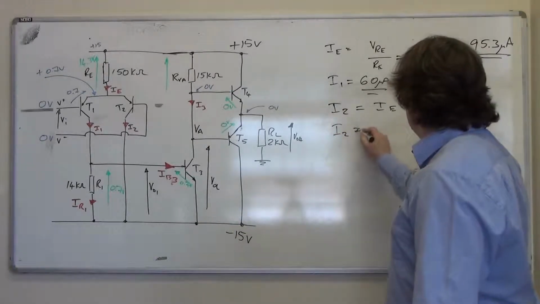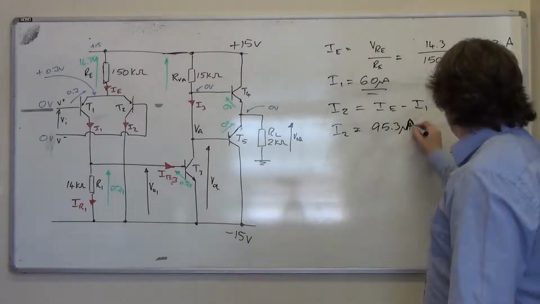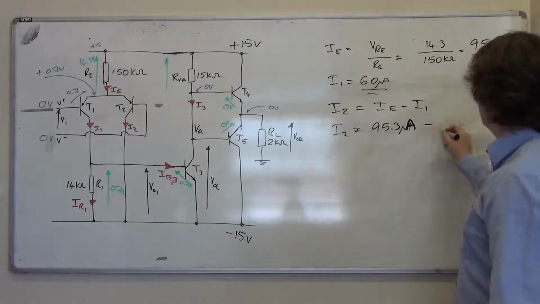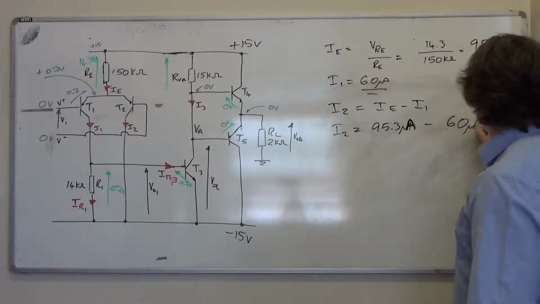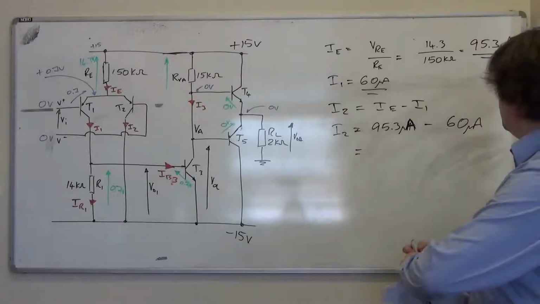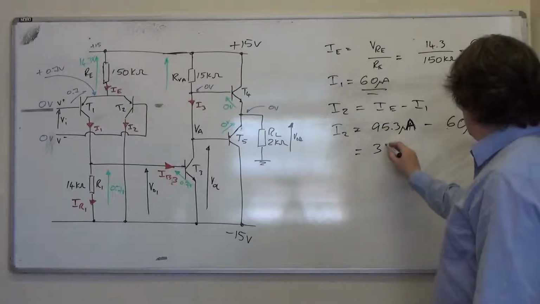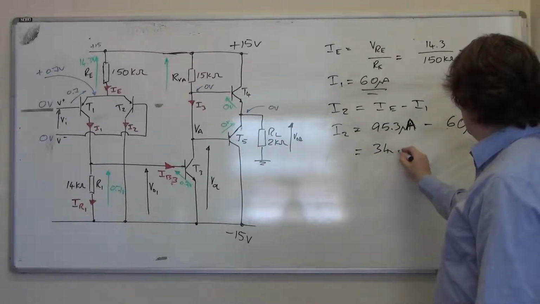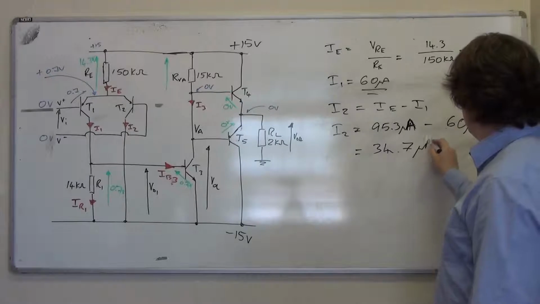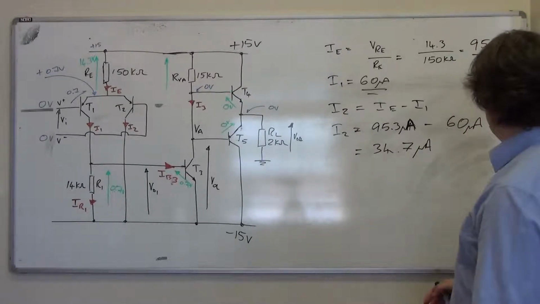I2 is 95.3 microamps, sorry, that's microamps, minus 60 microamps. What will that leave us with? Just a bit less than 40 microamps. It's 34.7 microamps, is it? Did I get that right? 35.3.